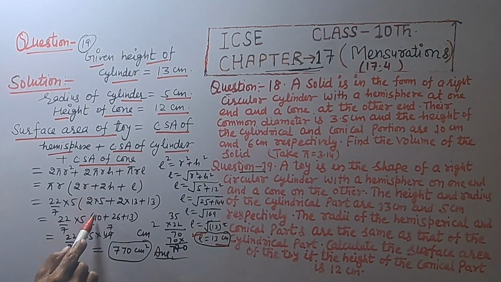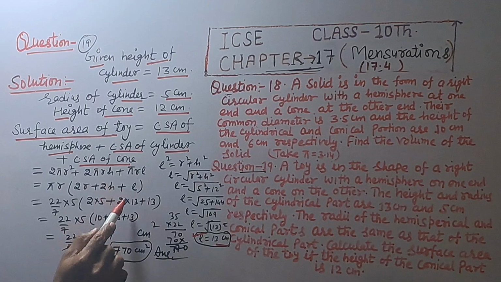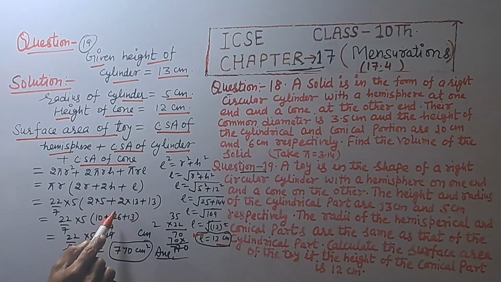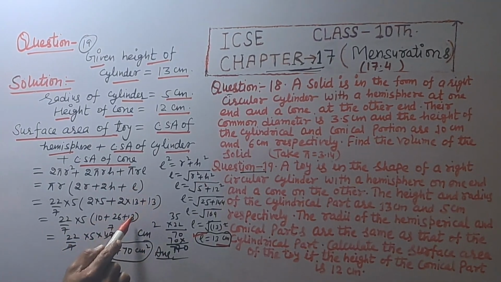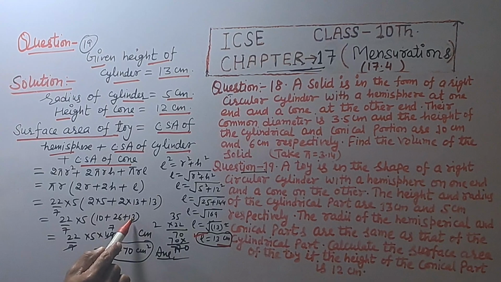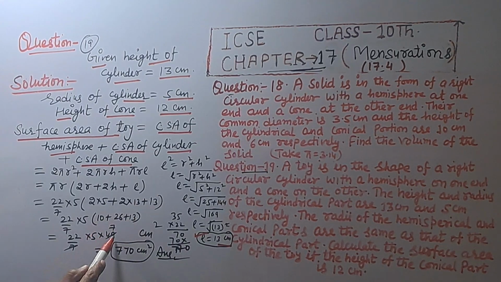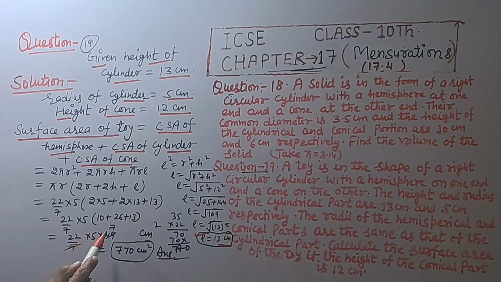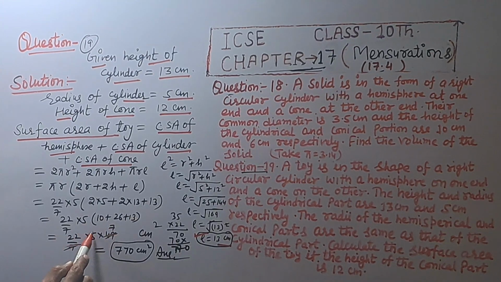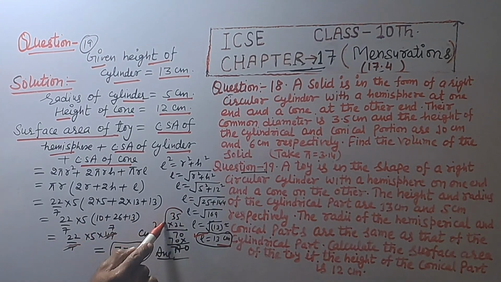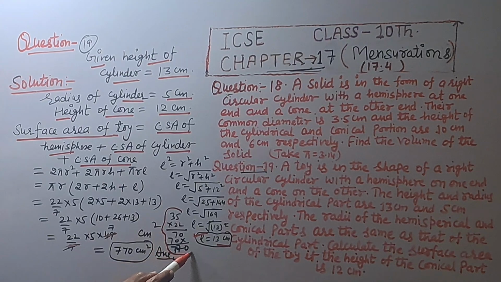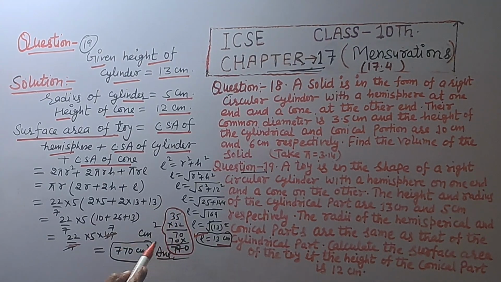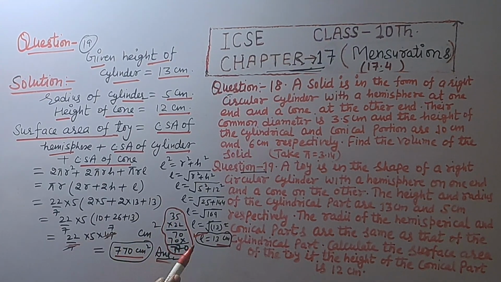Radius is 5, 5 2s are 10, and height is 13, 13 2s are 26, plus slant height is 13. That is 39 plus 10, 49, and pi is 22 upon 7 into 5. 7 7s are 49, 7 5s are 35, 35 into 22, we get 770 centimeter square. Answer.